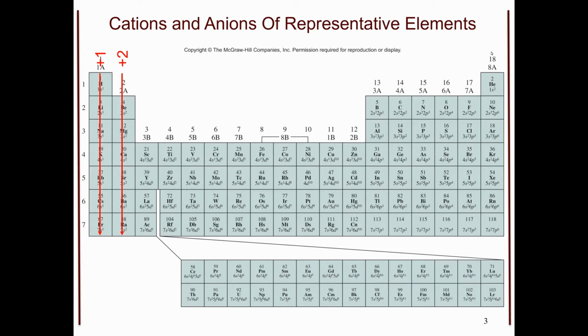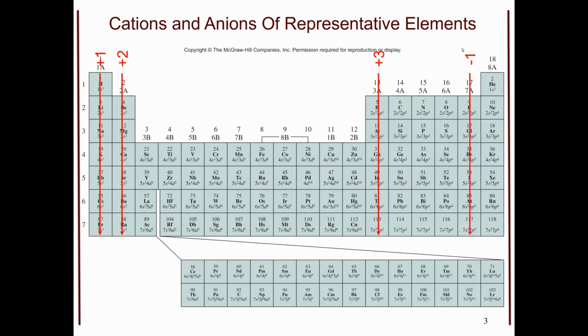Even though it is a full subshell, if we remove them, we are going to the previous shell, and that is how we gain stability. For our boron group, especially aluminum, gallium, and indium, these are going to be +3 because we have an electron in the p orbital. So we are going to remove not only that electron, but the 2 electrons in the s orbital of the same principal quantum number.